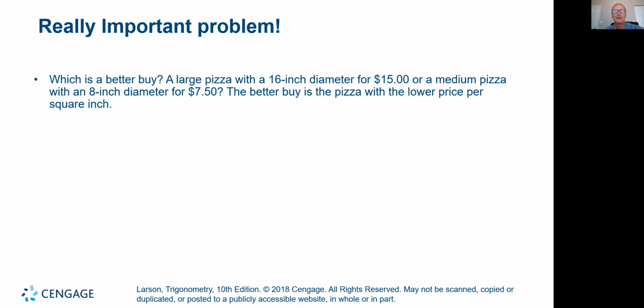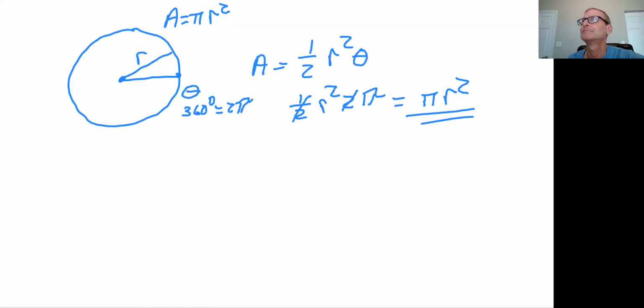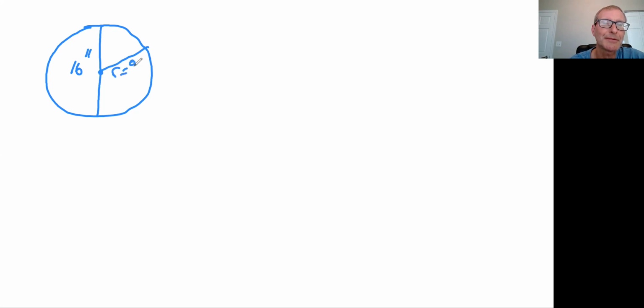Well, let me show this to you on the whiteboard, and this will be our last problem. So the idea is, let me clear here, that we'll have one pizza. And remember, this diameter is 16 inches. This is the large. So this radius would be 8 inches. And this would be $15.